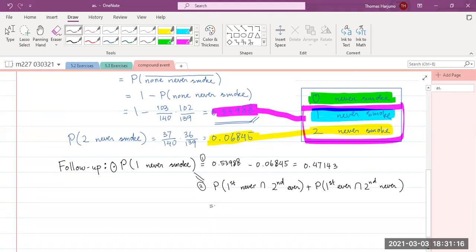Okay, the probability the first person never smoke is 337 over 140 times the second person smoked before, 103 over 139, plus the probability the first person ever smoked times the second person never smoked, 139.